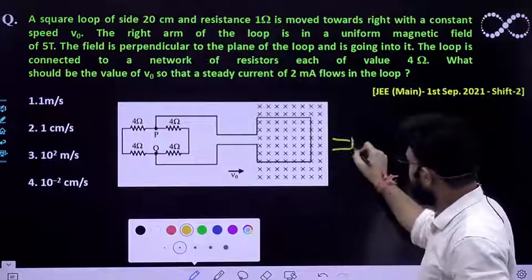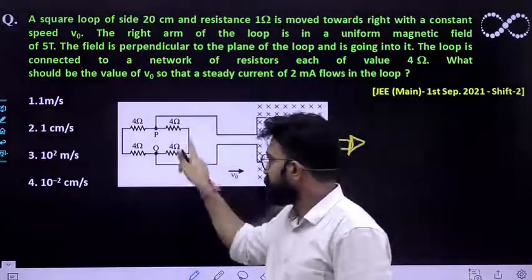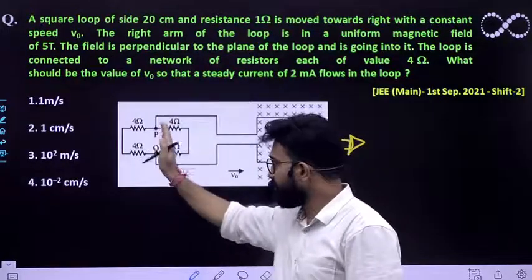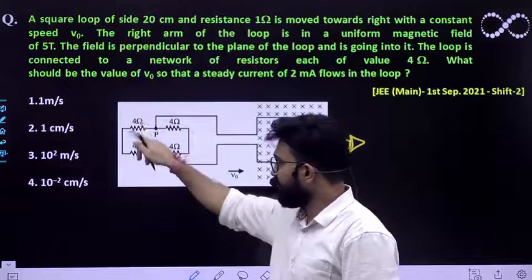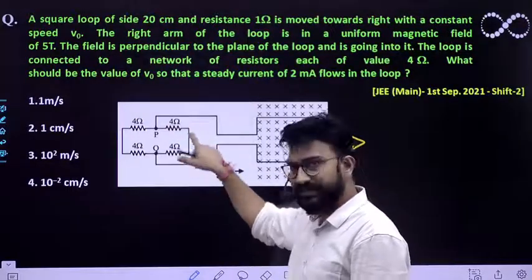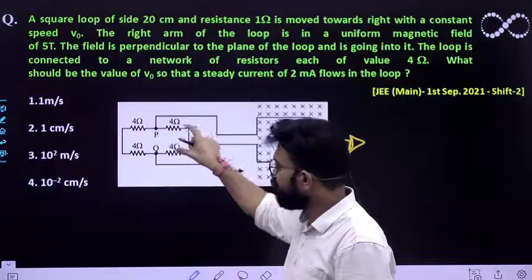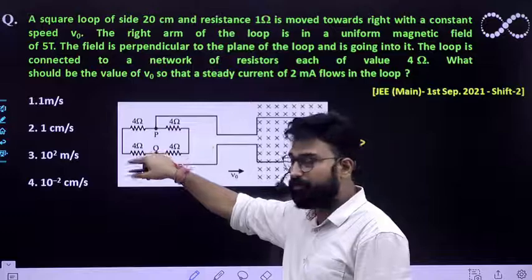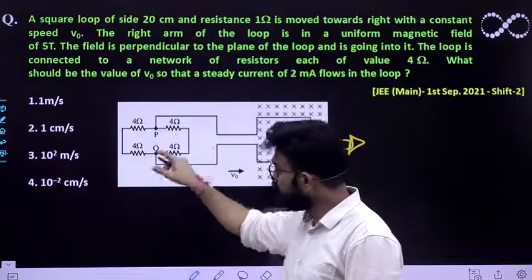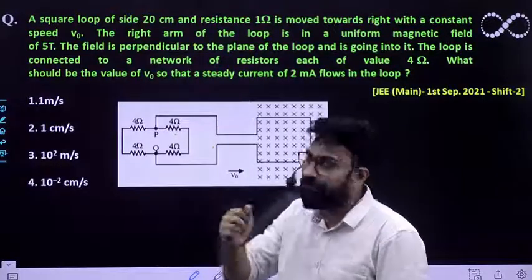The circuit will become like this. Along these terminals P and Q, the 8 ohm and 8 ohm would be parallel, because these two 4 and 4 ohm are in series. So it would be equivalent to 8 ohm, and this 8 ohm would be parallel with the other 8 ohm. So the resistance along P and Q would be 8 parallel with 8, which is nothing but 4.